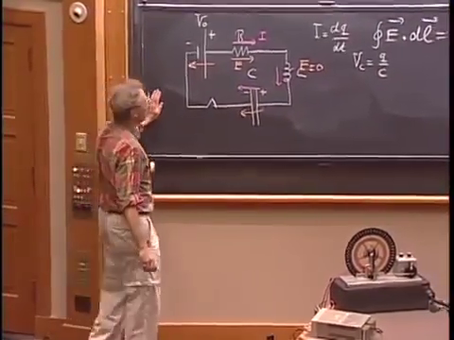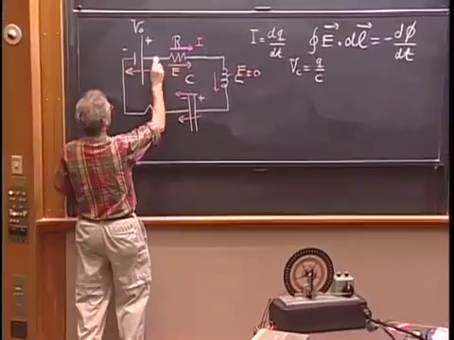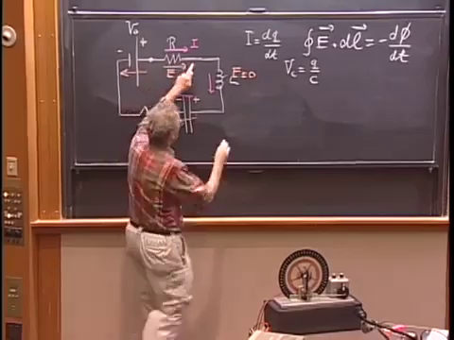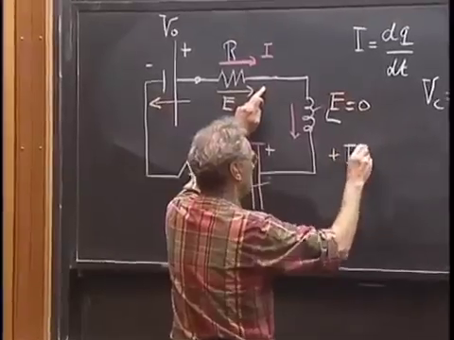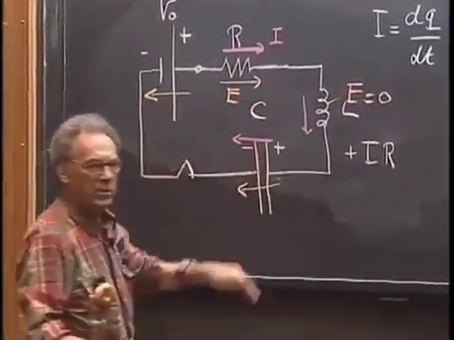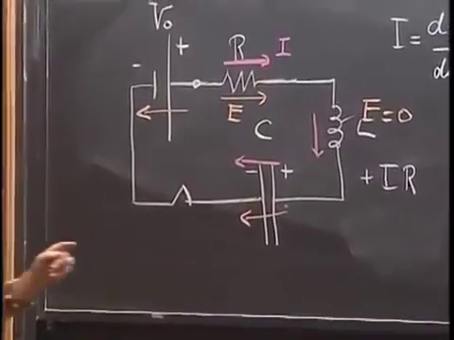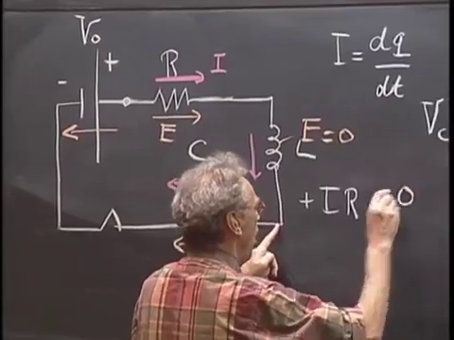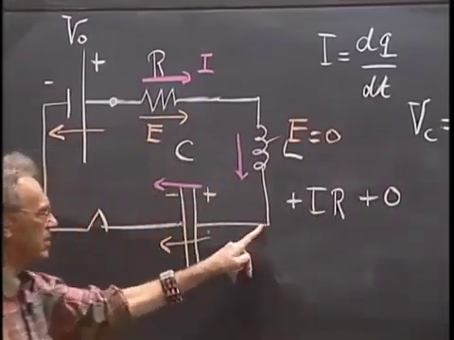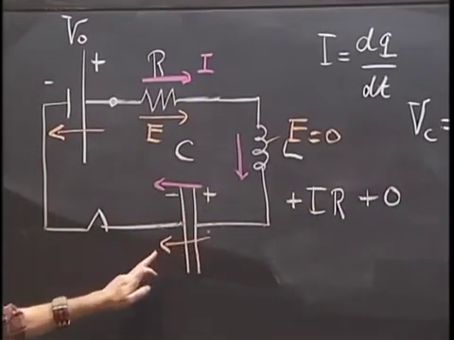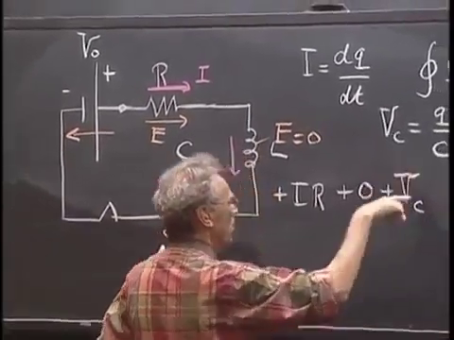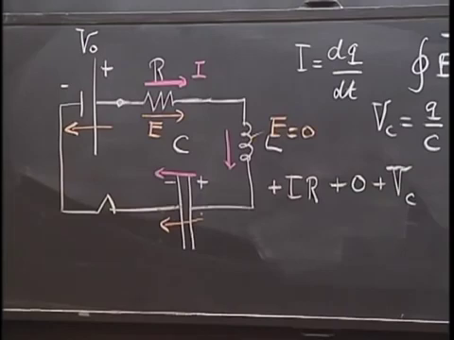If you're ready for this, and I start here, and I go clockwise around, then from here to here, I get plus IR. Going through the self-inductor, the integral E dot dl from here to here is 0, because there is no electric field inside the self-inductor. Going from here to here, I get plus Vc. That is what we call the potential difference over the capacitor.